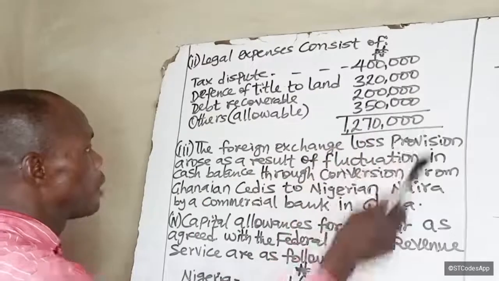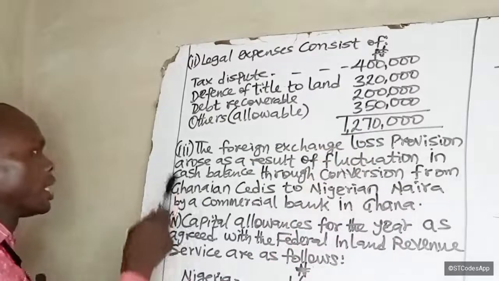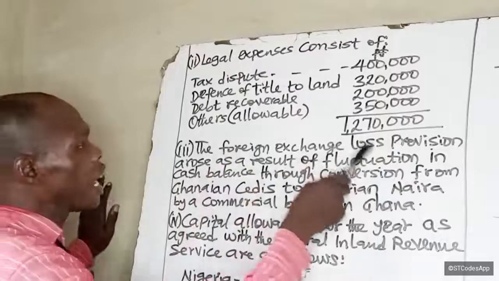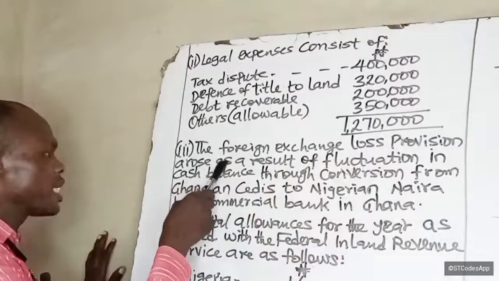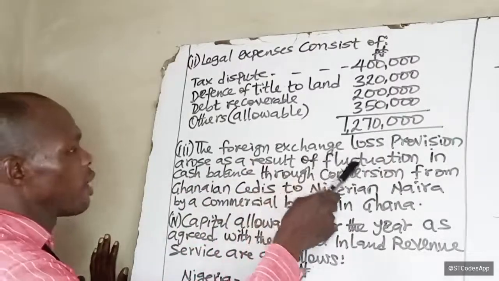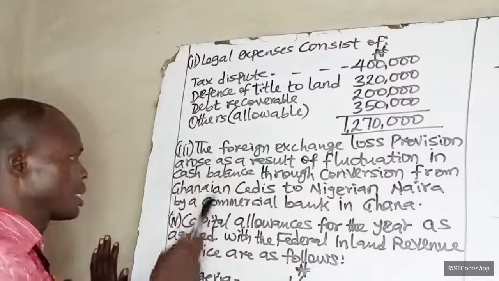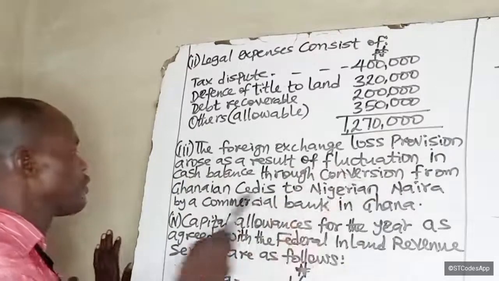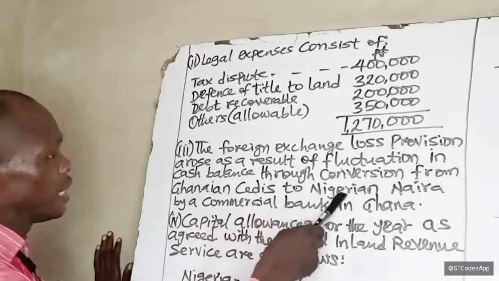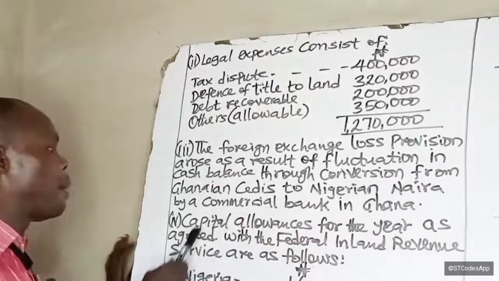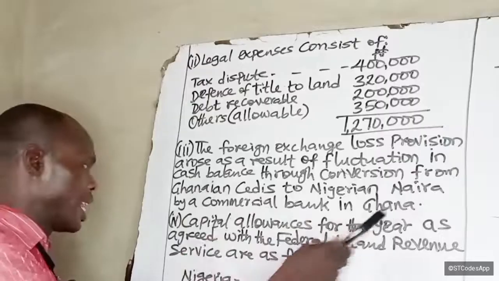Total 1,270,000. Note 3: the foreign exchange loss provision arose as a result of fluctuation in cash balance through conversion from Ghanaian cedis to Nigerian naira by a commercial bank in Ghana.